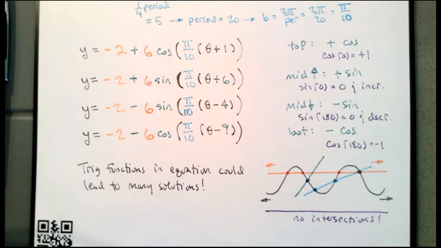So we really need to only look at what happens in one cycle. There'll be many solutions, but everything else is just copies of that cycle, shifted horizontally. Any questions?